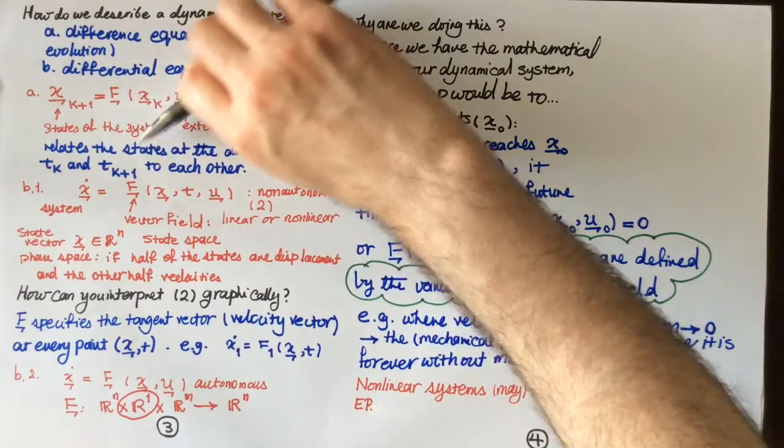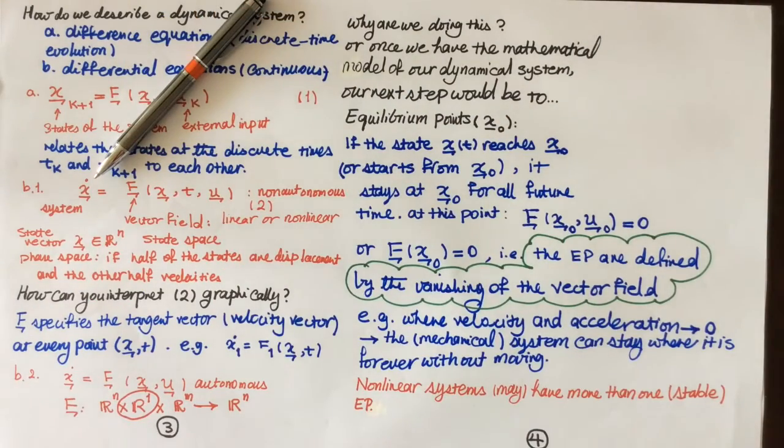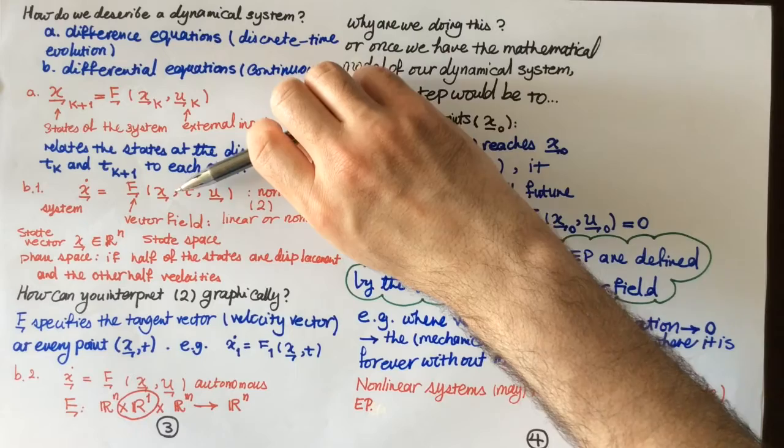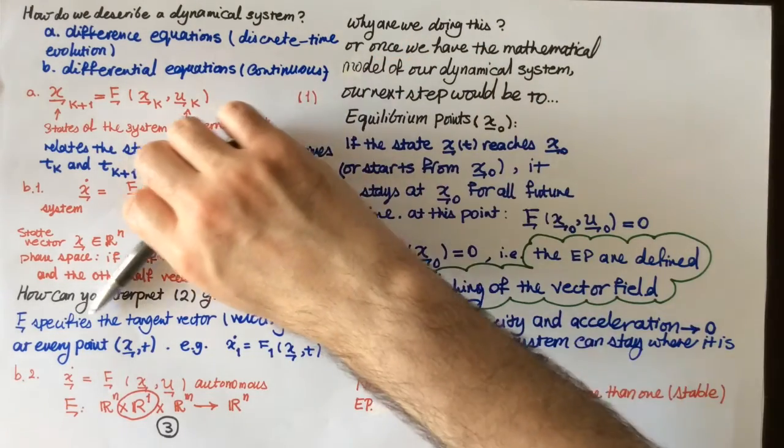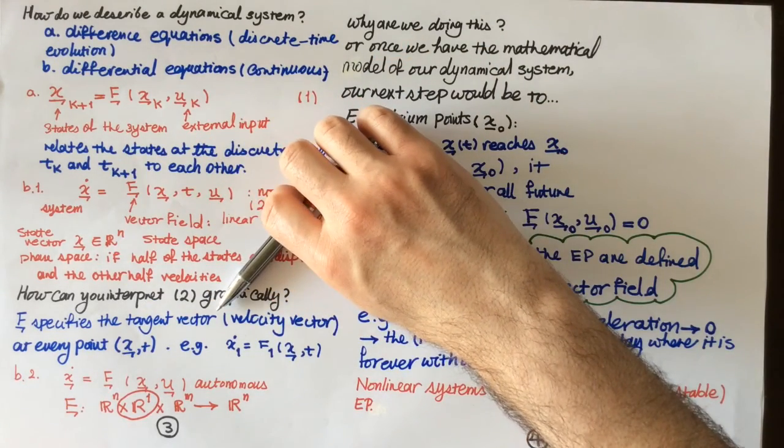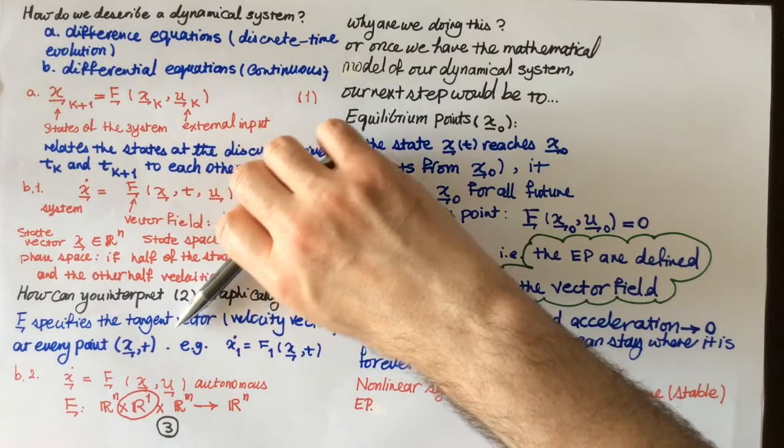So on the left I have x dot, and on the right I have f of x, t, and u. So if you think about it, if you go back to your calculus, if you differentiate your function with respect to time, you get x dot, right? So f specifies the tangent vector at every point x and t.